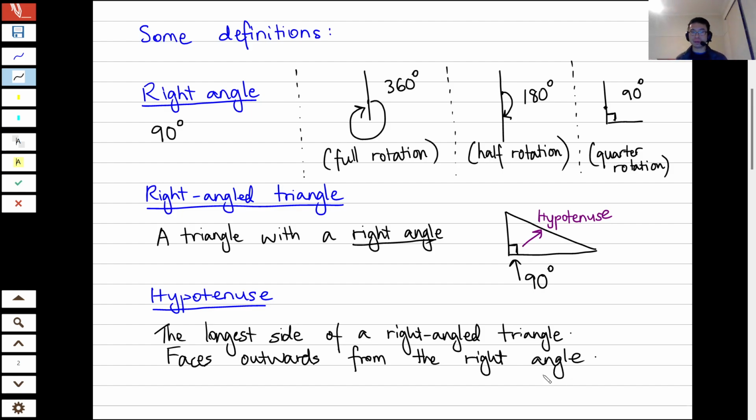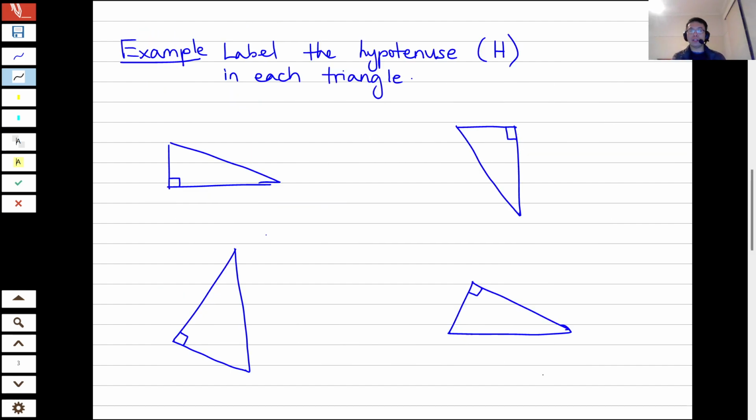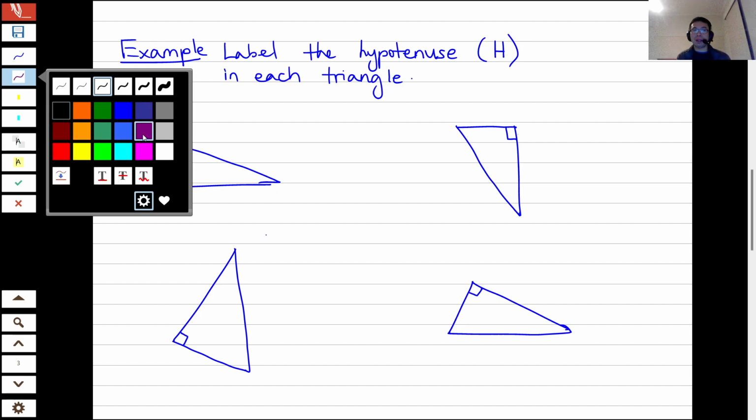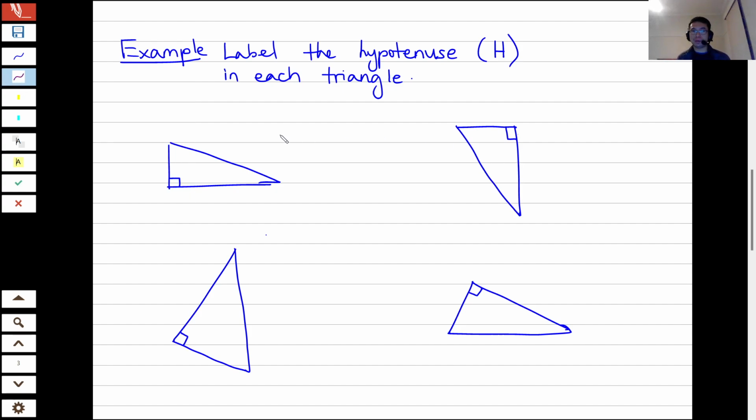Okay, so let's practice. I've given you 4 triangles here, and all we want to do in this video is label the hypotenuse. I'll give you a moment to maybe pause the video and just have a quick look, see if you can identify which sides are the hypotenuse, and then I'll go through the answers.